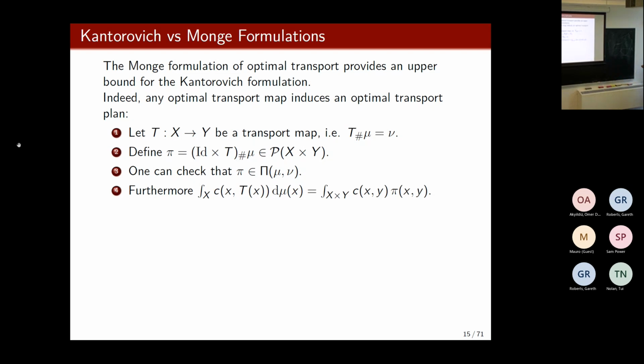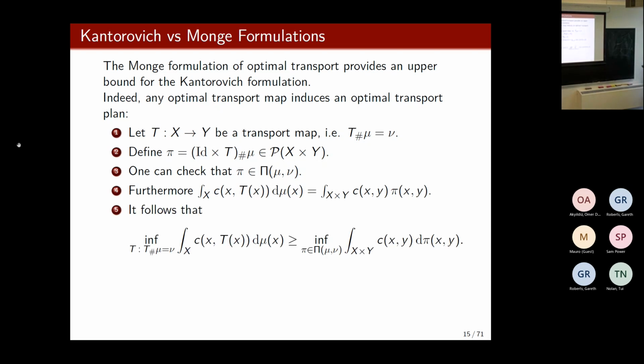It's also fairly easy to check that the cost of this transport map T is equal to the cost of this transport plan pi. So if we take the minimum over all these T's, and then the minimum over all these pi's, the minimum over the T's is going to be bigger than the minimum over the pi's, because any T in here induces a pi in here.